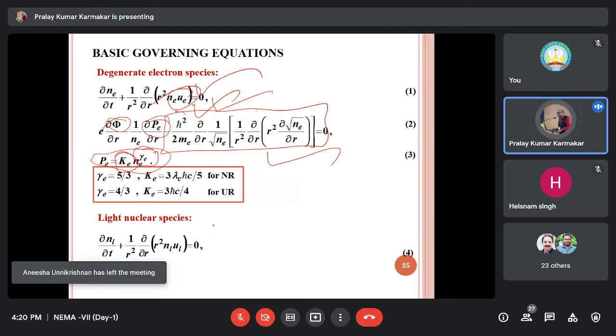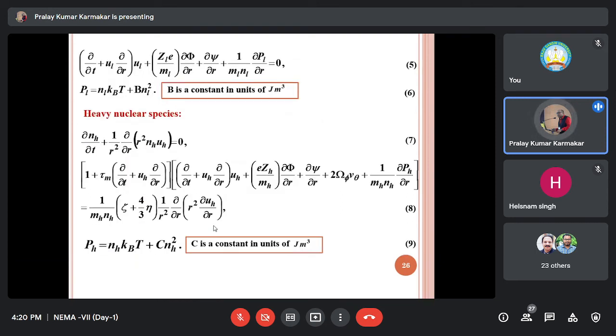The light nuclear species are modeled accordingly, but here with quantum mechanical contributions completely detached, only a classical fluid. Here you can see this is the isothermal pressure, modulated by the confinement pressure as well. And this is the heavier nuclear fluid, which is now modeled with an additional viscoelastic effect.